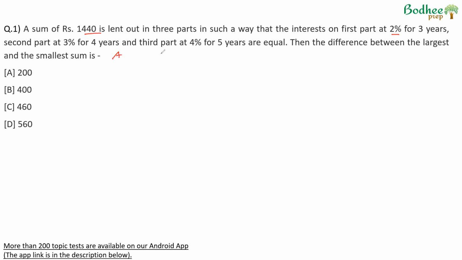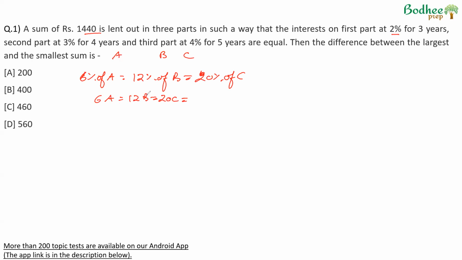Suppose the 3 sums lent are A, B, C. Interest on the first one will be 2% for 3 years, so 6% of A will be equal to 3% for 4 years, so 12% of B, which will be equal to 4% for 5 years, so 20% of C. Which means 6A is equal to 12B is equal to 20C.